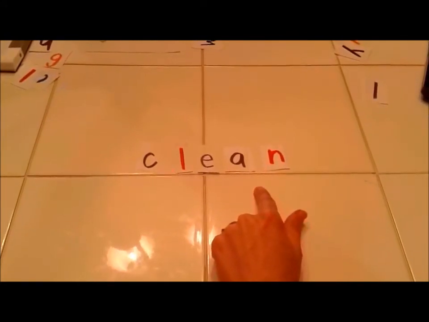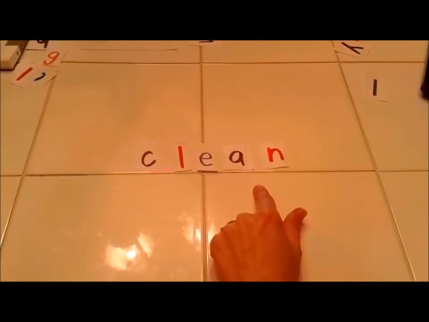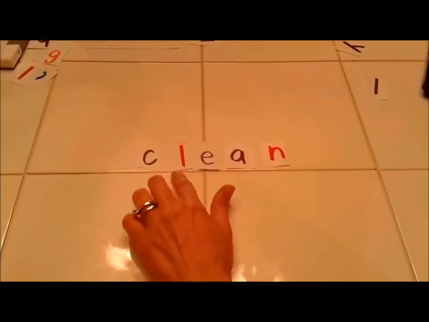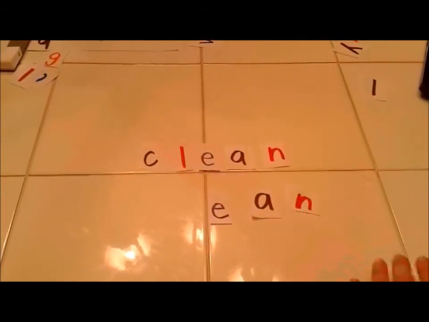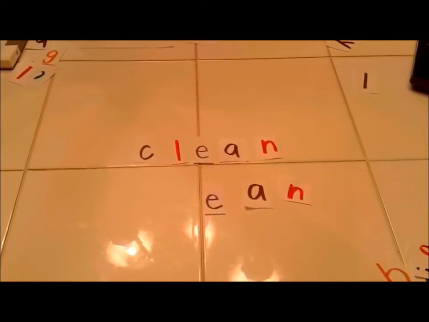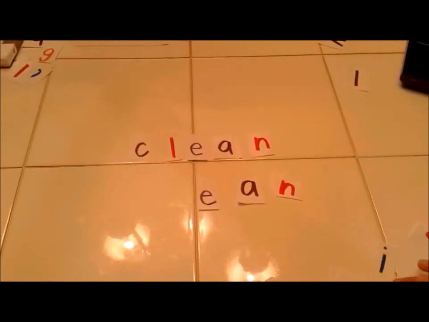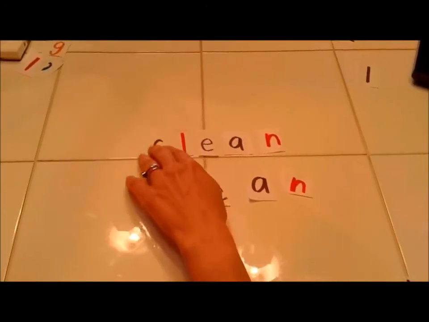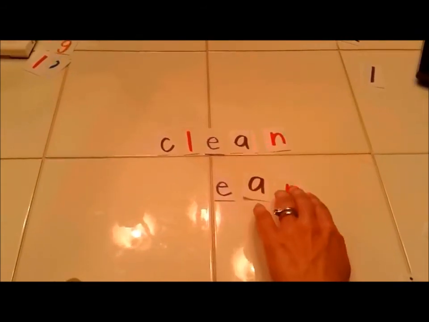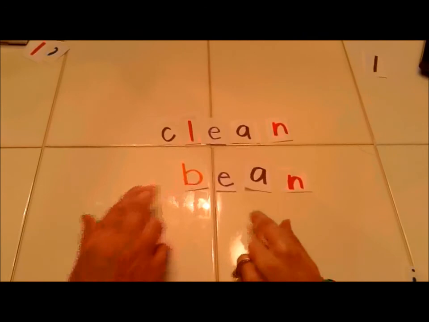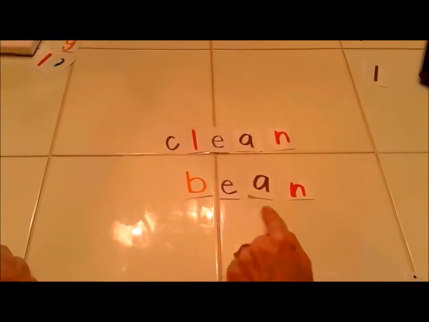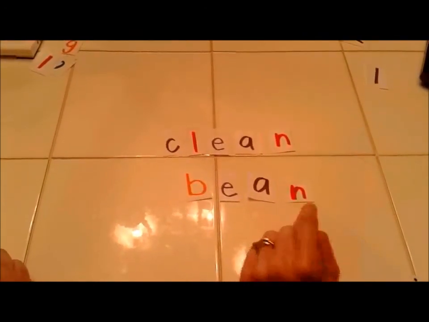What letters can you use to substitute for the CL to make a new word? What can you substitute for the CL with EAN to make a new word? B. The new word is bean.